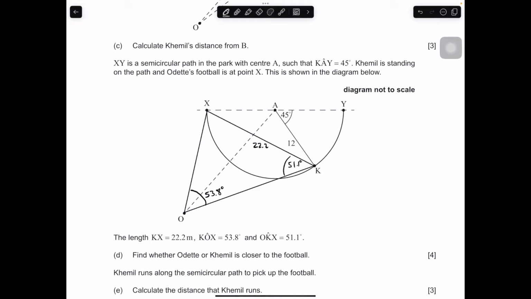Okay, not bad. Find whether Odette or Camille is closer to the football. So let's actually just label this. So opposite O is this O right here, and opposite K is this K right here. And so the question is, we want to see is K greater than O, or is O greater than K?